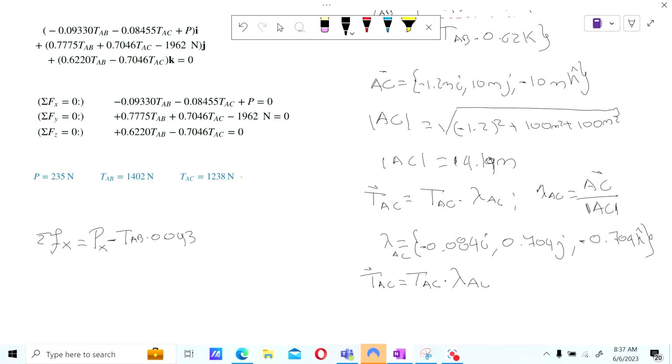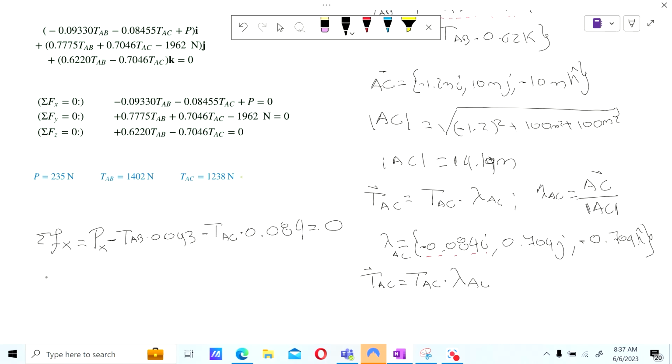And then in X we also have a component for AC. So T AC times 0.084. Which component is that? This component right here. Equals 0.